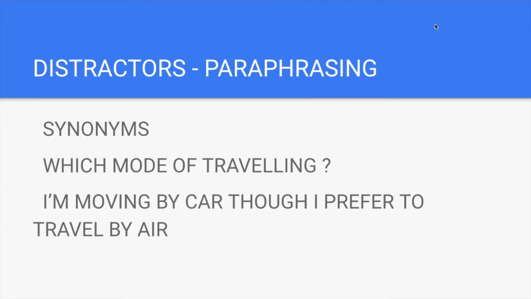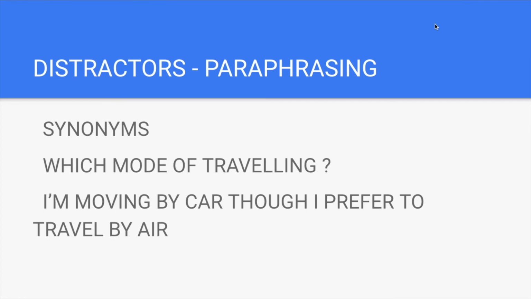The second distractor is paraphrasing. See, the IELTS exam is the International English exam. While you are writing the exam, they will probably use synonyms, and this mostly happens in short answer questions. For example, which mode of traveling? This is the question, and the audio says, I'm moving by car, though I prefer to travel by air.